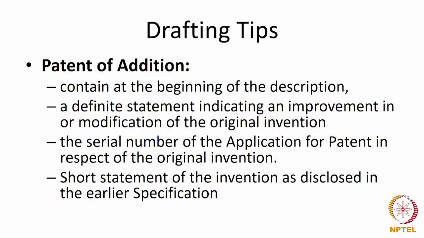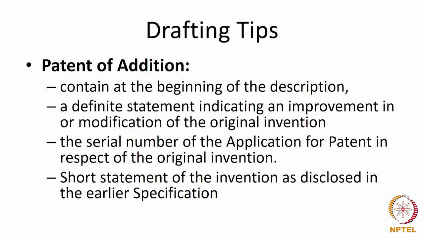A patent of addition is a follow-up patent filed for covering an improvement or a modification of an existing invention which has already been patented. So, there is already a patent application filed and you want to file a modification or an improvement. So, it has to have a definite statement indicating an improvement in or the modification of the original invention.